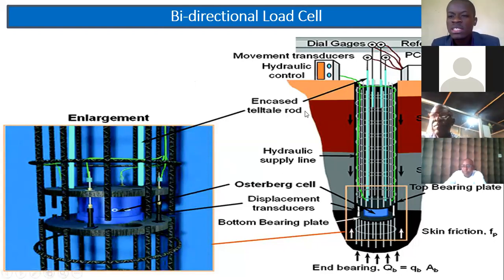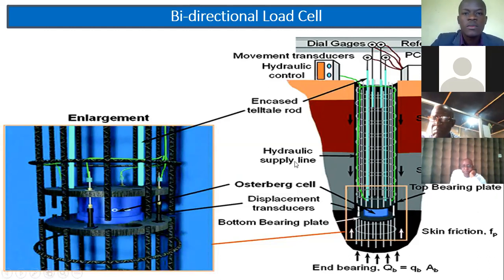So when concrete is poured in, the hydraulic jack, the Osterberg cell, tends to expand, and this test is a destructive test. It expands, and the force is measured. The force and the settlements are measured with dial gauges.